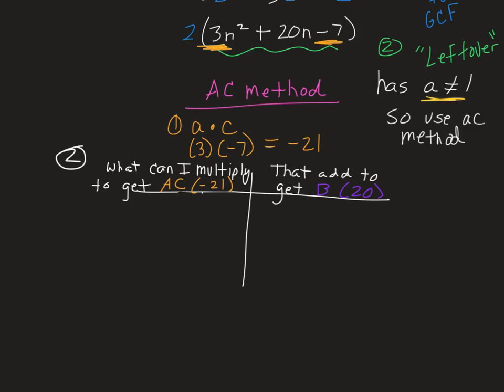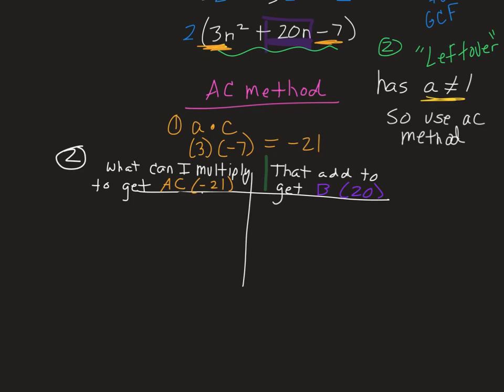So in this case, a times c is negative 21. So what are numbers that I can multiply to get AC, in this case negative 21, but those same numbers also need to add to get b, which in this case is, of course, 20. We know that up here from the original problem.